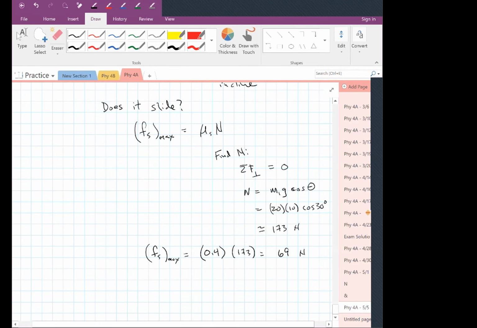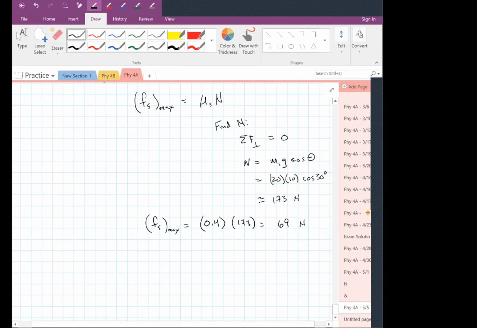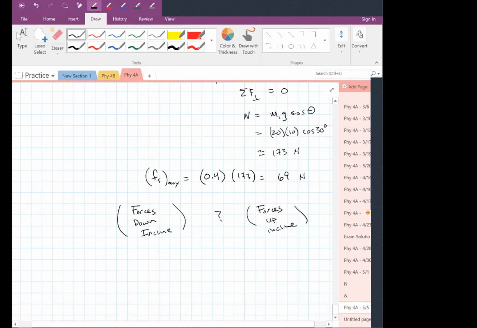So now we have to ask ourselves about the forces down the incline. How do they compare to the forces up the incline? What do we have down the incline? We have mg sine theta. How does that compare to the maximum static friction force plus the initial tension in the rope?